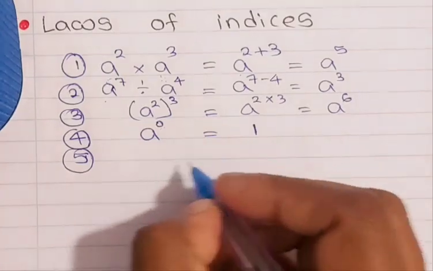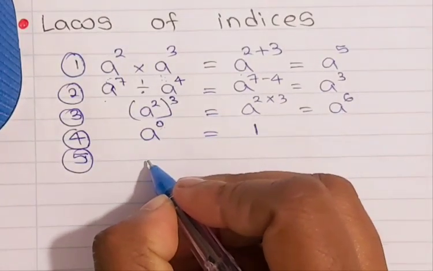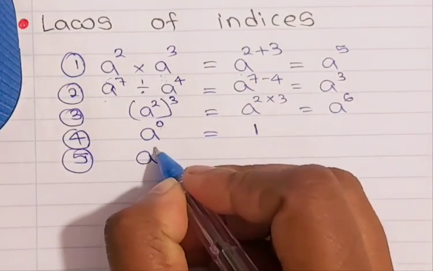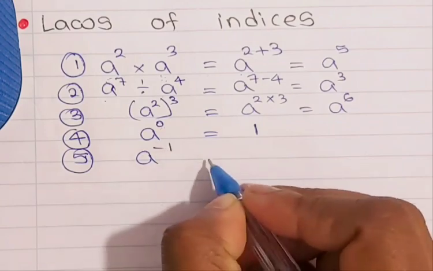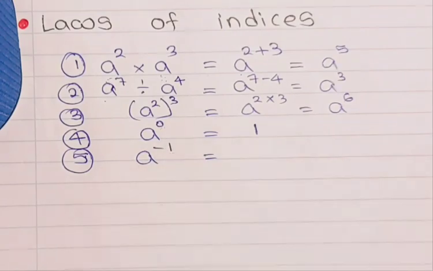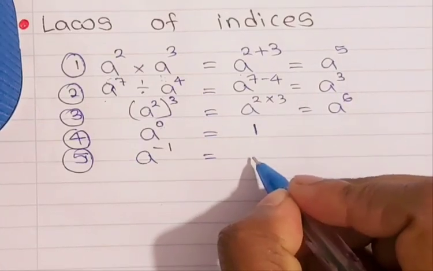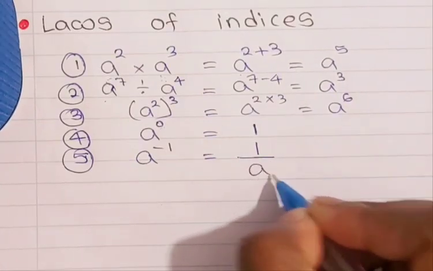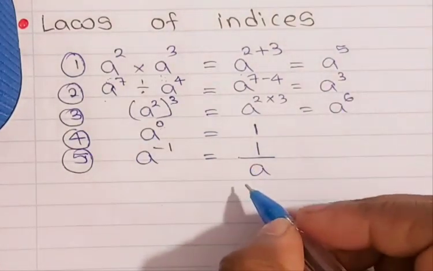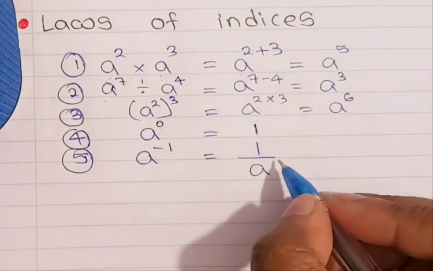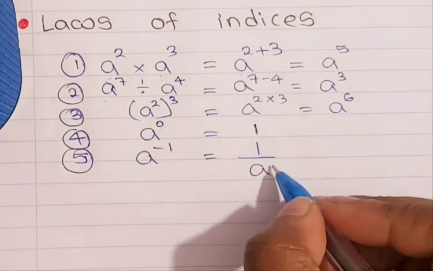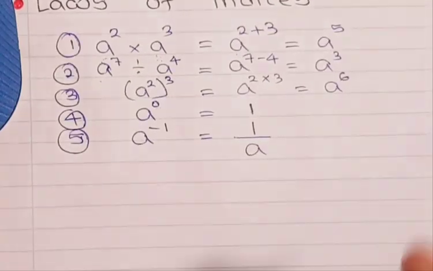In the fifth one, if I am taking the negative index, like here, a to the power minus 1, you can say it is 1 over a, right? We are not writing a to the power 1. Actually it is a to the power 1, but we are not writing it. That is very uncommon.